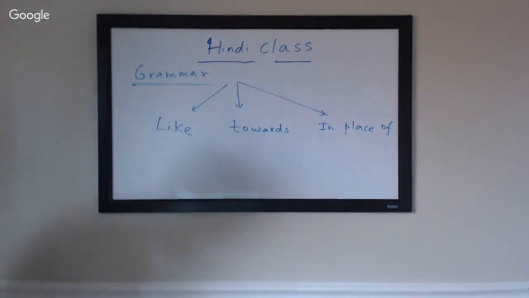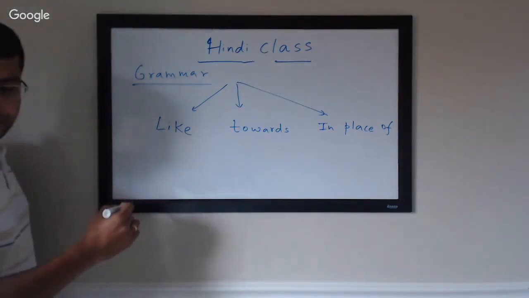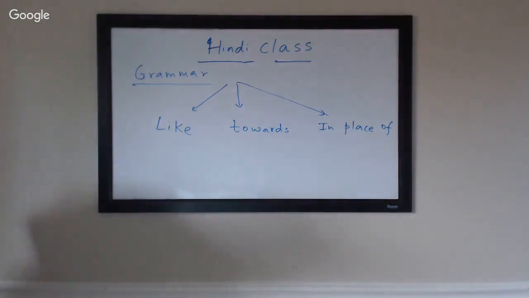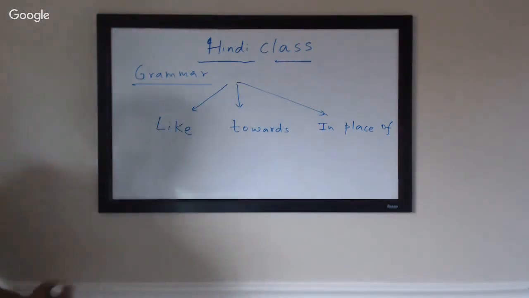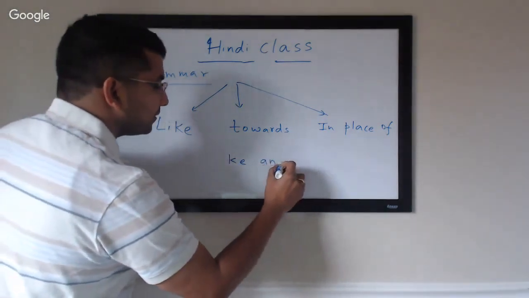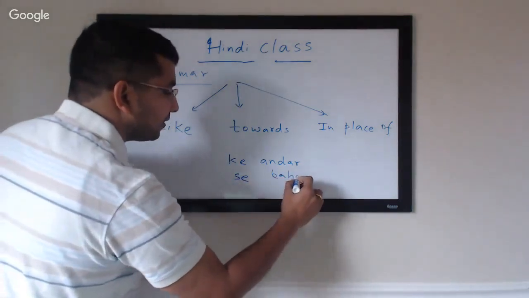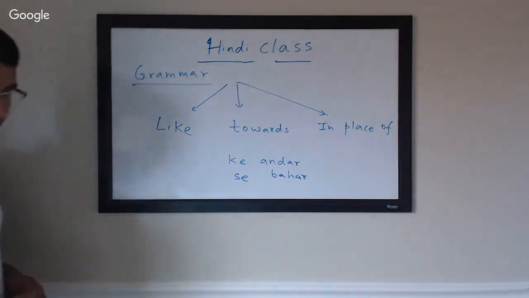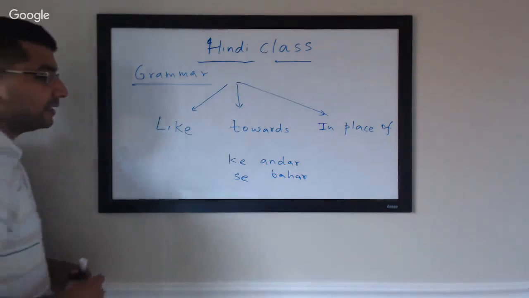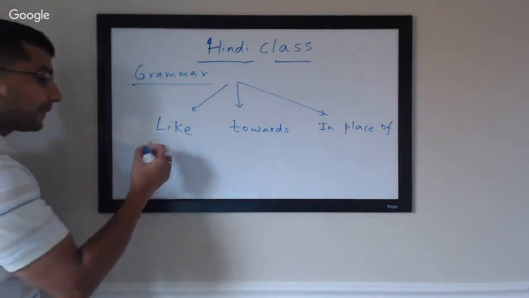So far, if you remember, all the compound postpositions start with ke or se, like ke andar, se bahar, like shehar se bahar, or box ke andar, right? In this class, the 3 postpositions that I have start with ki, right?